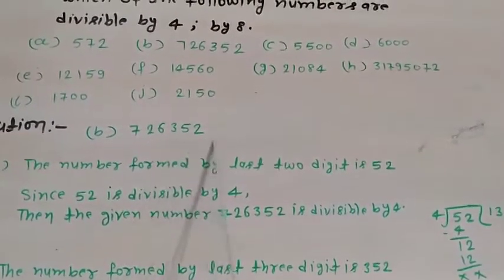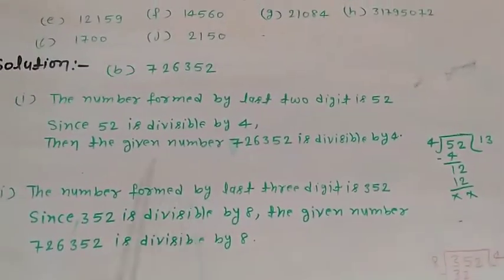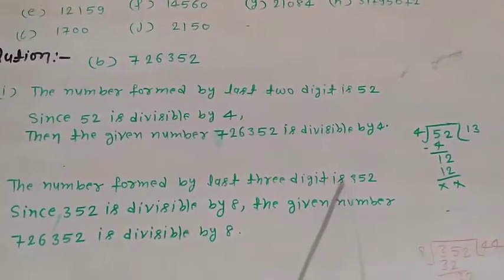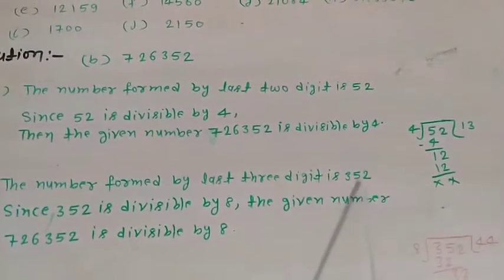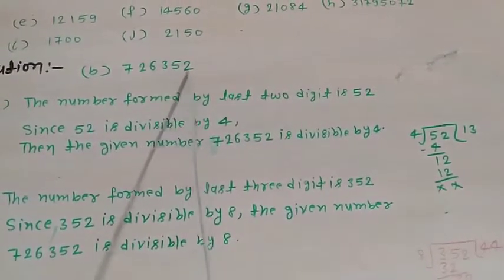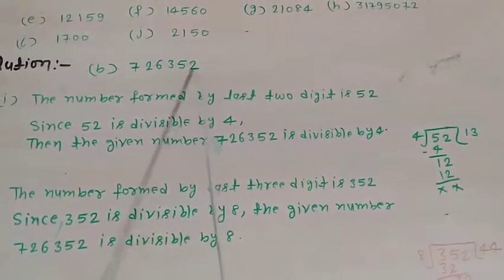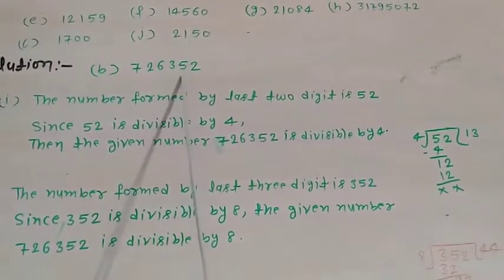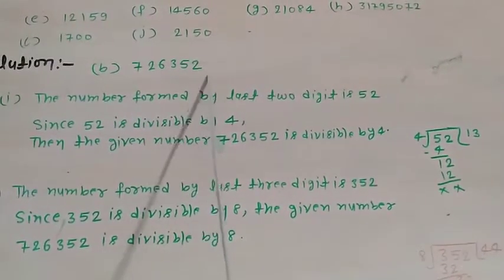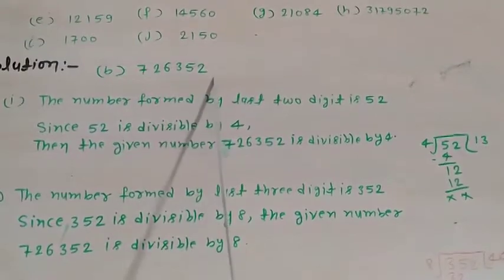Now we are going to check whether this number is divisible by 8 or not. So let's see. The number formed by the last three digits is 352. First we divide the last three digits, 352, by 8. If 352 is divisible by 8, then this number is divisible by 8.